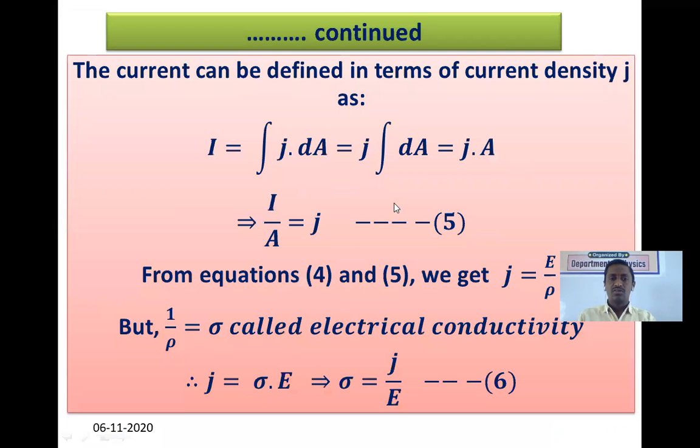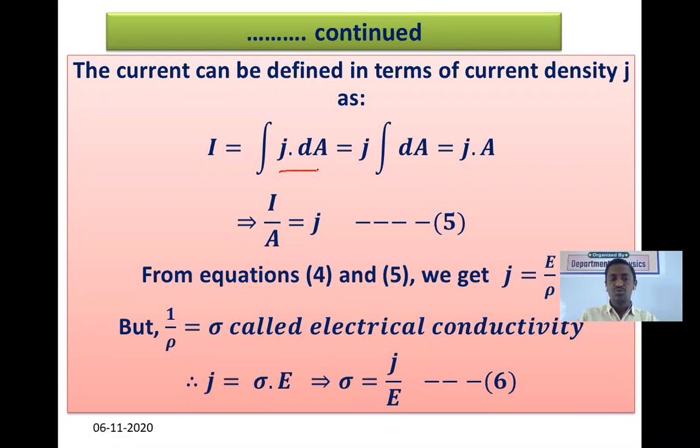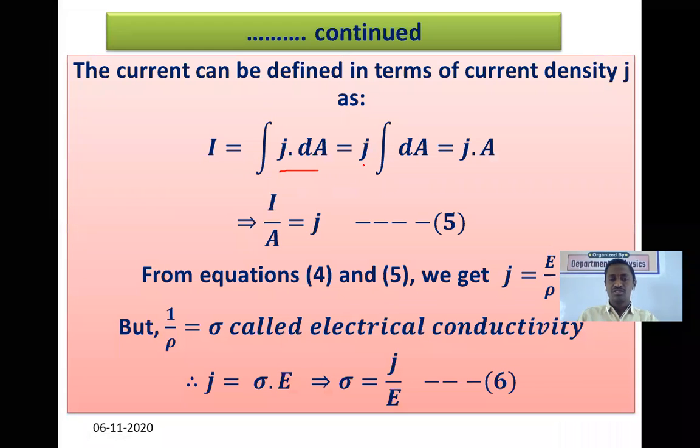Now here we can define the current in terms of current density J as I equals integral of J into dA. J is a constant quantity, so take it out of the integral sign.